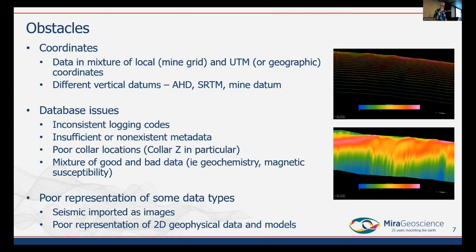And a lot of software doesn't really handle geophysical data very well, particularly the sort of stuff that has non-uniform cell sizes in the models. So a lot of them have increasing cell size with depth, and a lot of software doesn't handle that.